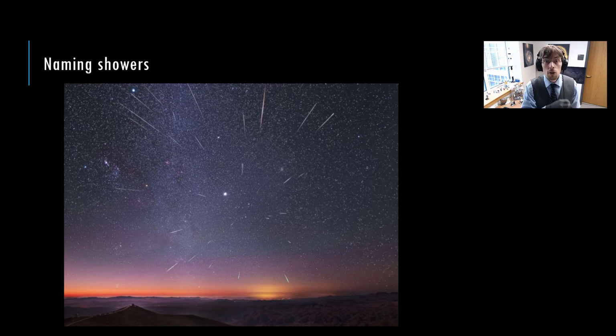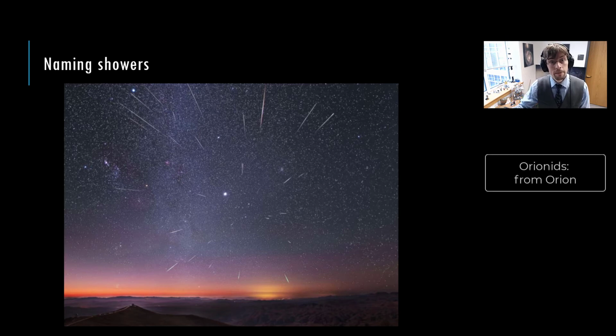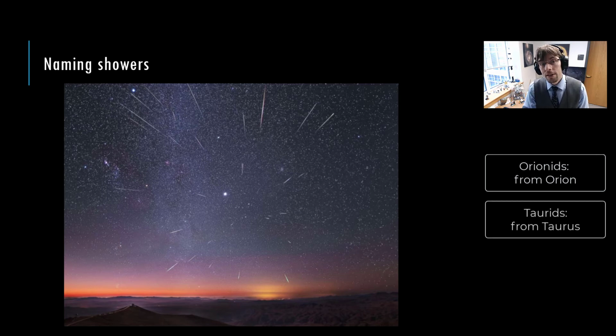Okay. So, for example, the Orionids appear to originate in the constellation Orion. The Taurids appear to originate in the constellation Taurus.